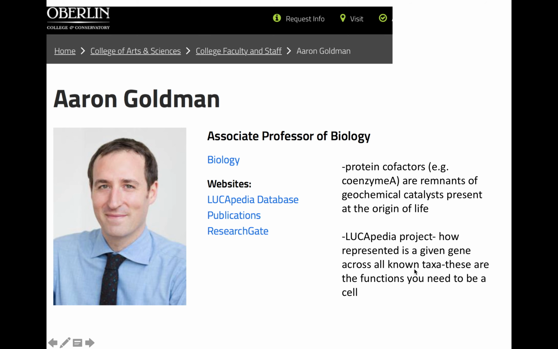So the idea here is that if we find out what genes are the oldest, in that everything on the planet has those genes, it's likely that those genes are some of the first genes in the first cells, and we can get an idea of what the first cells could do genetically, and what functions some of the first cells had. That's the Luca Pedia project.